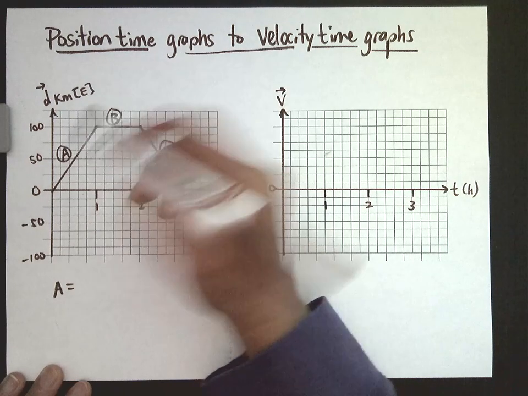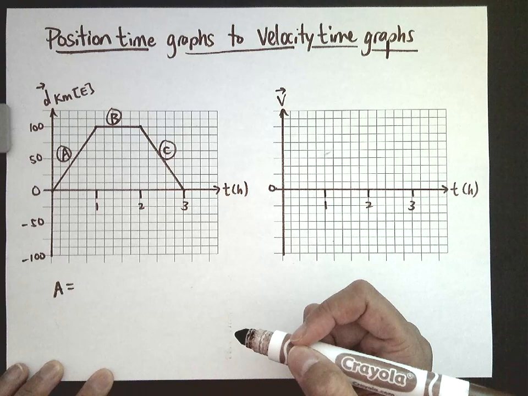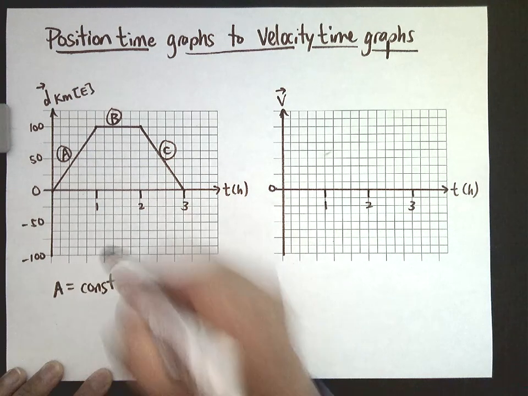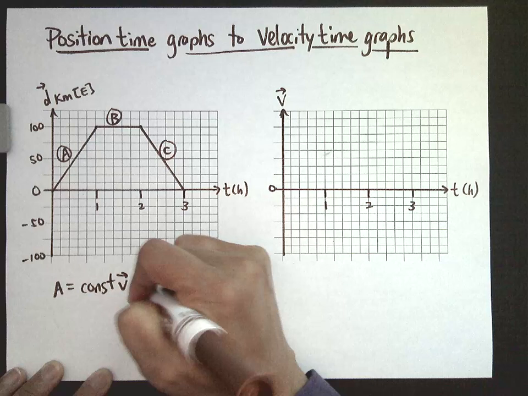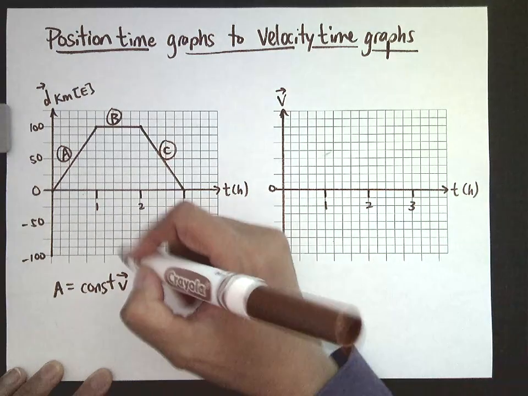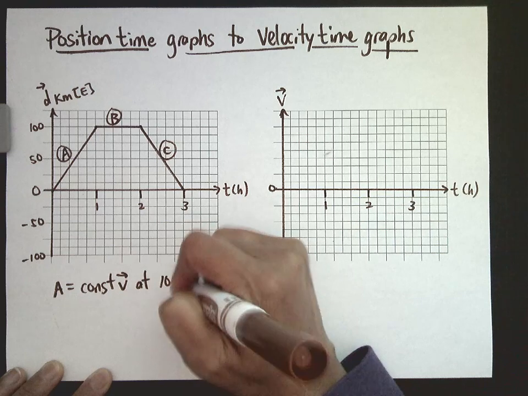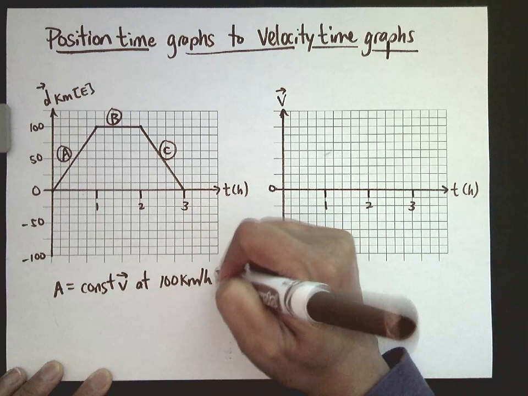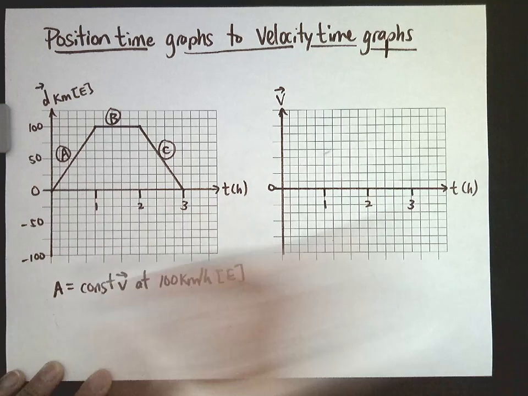And so if you calculate the slope of A, then the slope, remember, is equal to constant velocity. And so the slope in this case is going to be 100 divided by 1 hour.